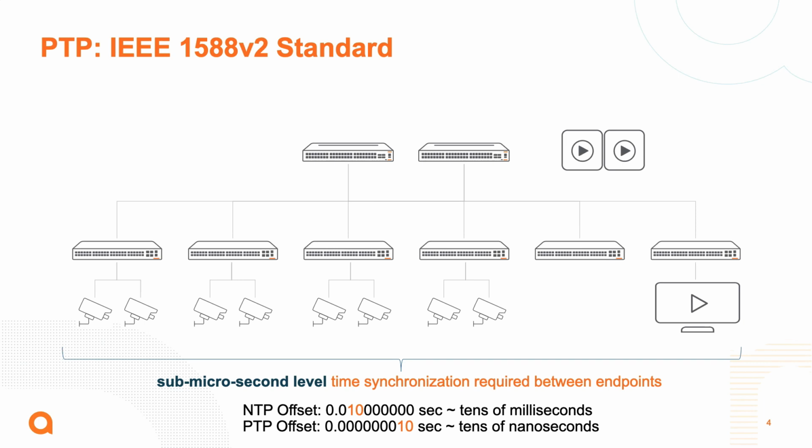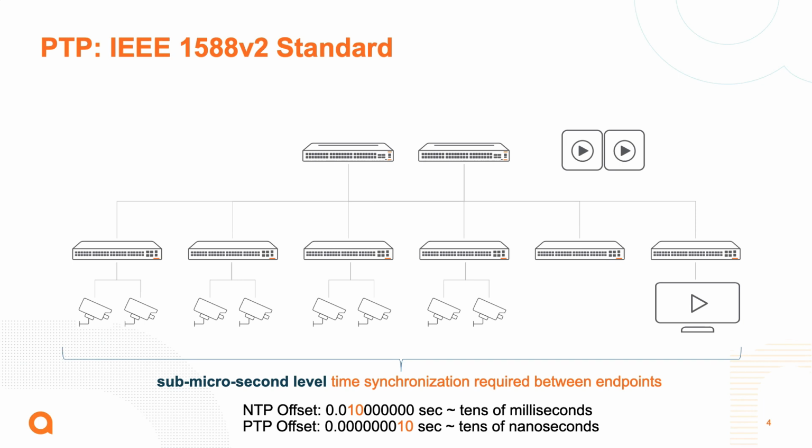Transparent clock also sits between the grand source and the ordinary clocks. However, it is neither a source nor a sink. A transparent clock sits in between a source and a sink. It receives PTP synchronization messages from an upstream PTP device. It transmits those PTP synchronization messages to a downstream PTP device, but it does not synchronize its own clock using PTP, not necessarily.